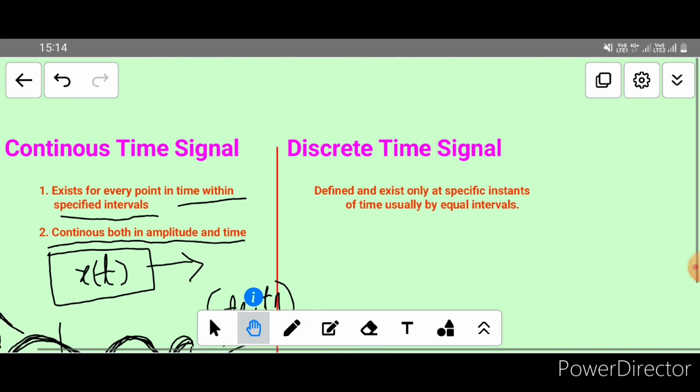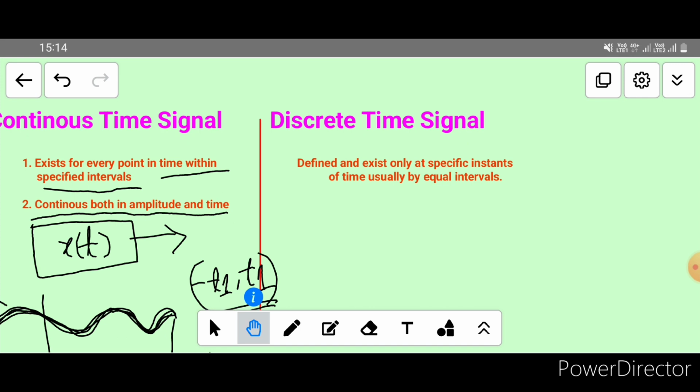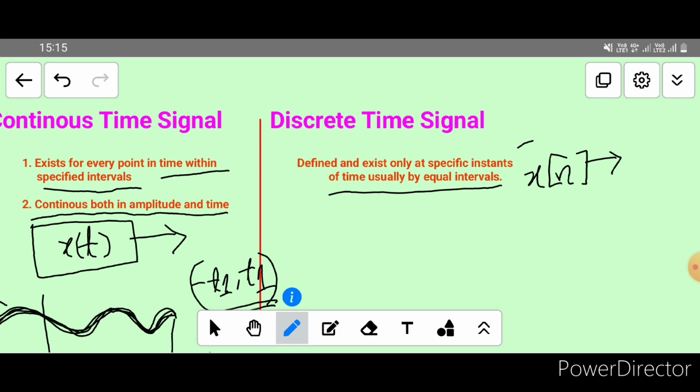Now let's see what is a discrete time signal. A discrete time signal is a kind of signal which is defined and exists only at specific instants of time, usually separated by equal intervals. It will be more clear from a diagram, and mathematically it is represented by x[n], where the use of square brackets and the variable n are just a way of representation.